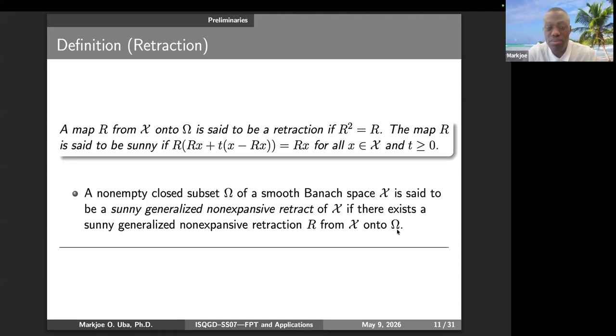If that happens, then we say that this set is a sunny generalized non-expansive retract of X.